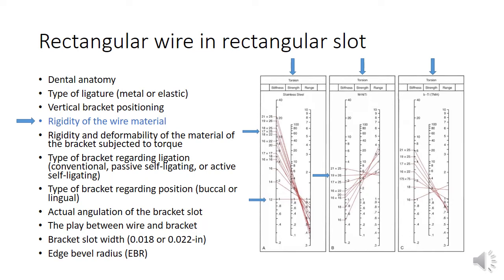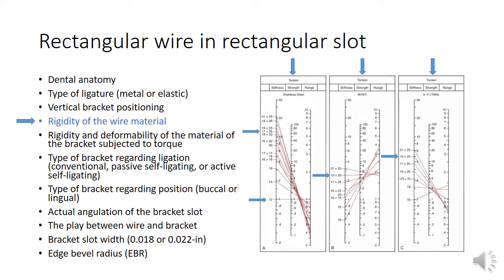and the stiffness number for beta titanium is 5, which shows that if you use a 17 by 25 steel wire in an 18 slot bracket to control torque, you can create force 5 times more than using a martensitic niti wire in a 022 slot bracket, or 2.5 times more force compared to a 19 by 25 beta titanium wire.